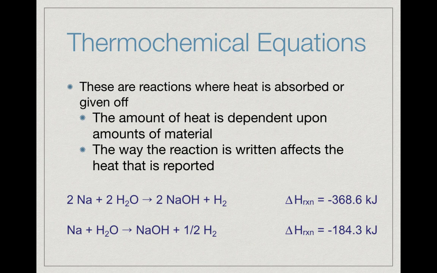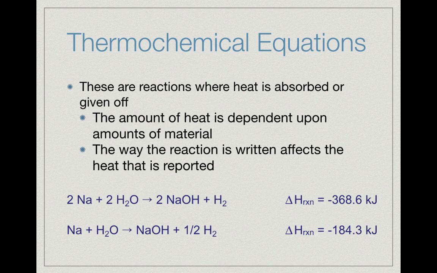So here in this top reaction we have 2 moles of sodium plus 2 moles of water goes to 2 moles of sodium hydroxide plus H2. So this would be a standard way of balancing this reaction with whole numbers as our coefficients, and we get a delta H of reaction for that reaction of minus 368.6 kilojoules. Now if I decided instead to go with just lowest denominators there, and I went with 1 in front of the Na, so I divided all of the coefficients of the top reaction by 2, I end up with a half coefficient of H2.